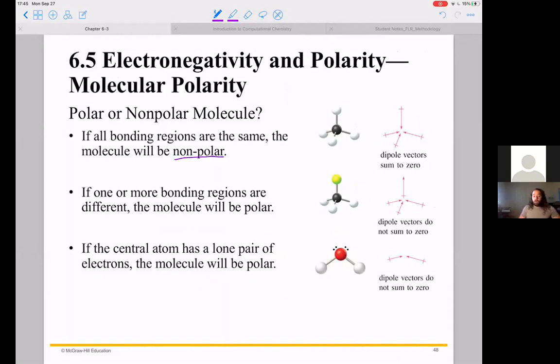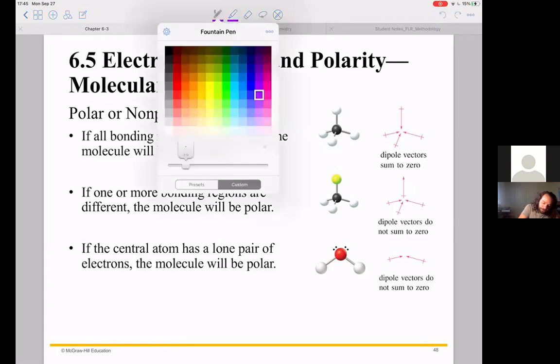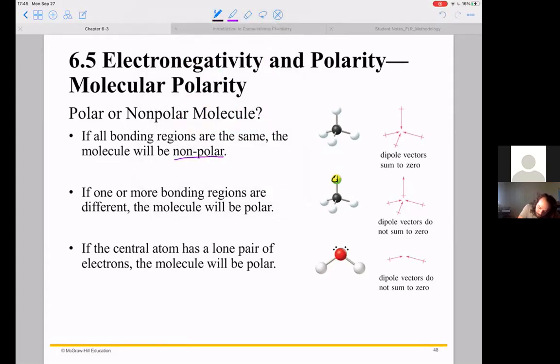If one or more of the bonds is different, so for example, this one was chlorine and these ones were hydrogen, that will lead to the molecule being polar.